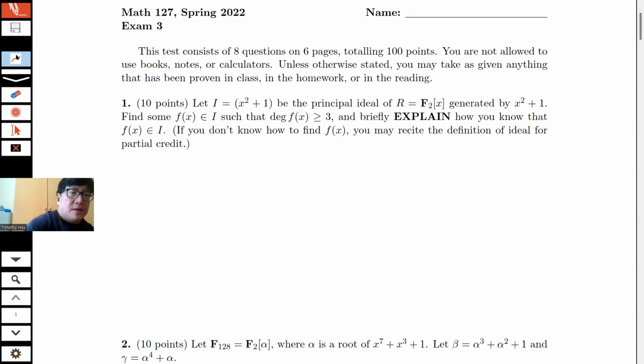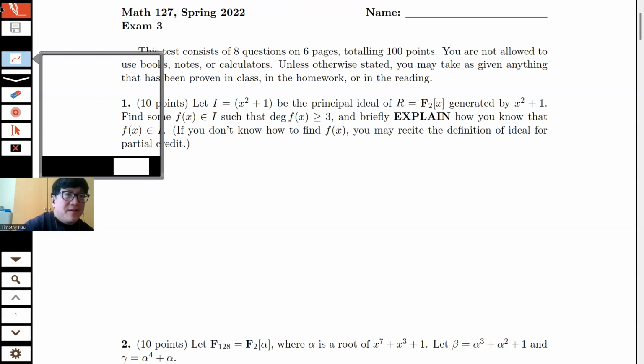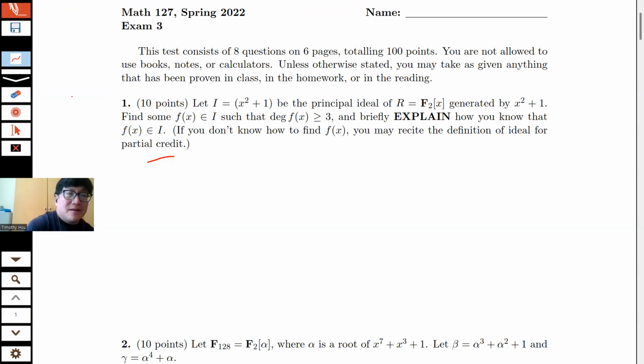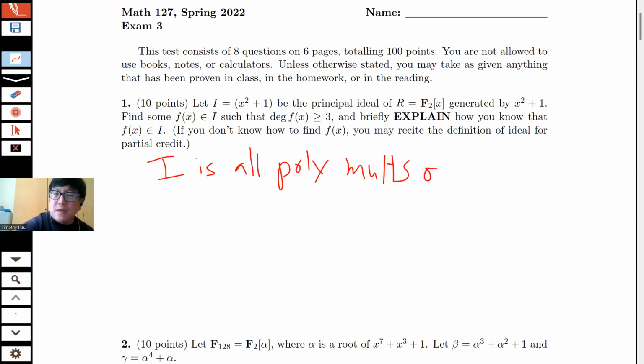So I is the set of all polynomial multiples of the generator x squared plus 1. That's the definition of the principal ideal generated by x squared plus 1.